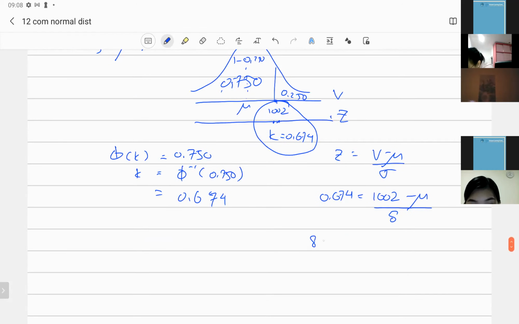We have 8 times 0.674 is 1002 minus mu, and mu is 1002 minus 8 times 0.674.